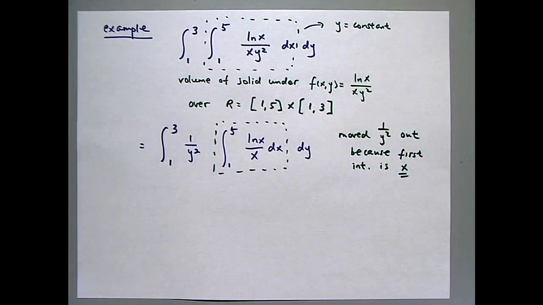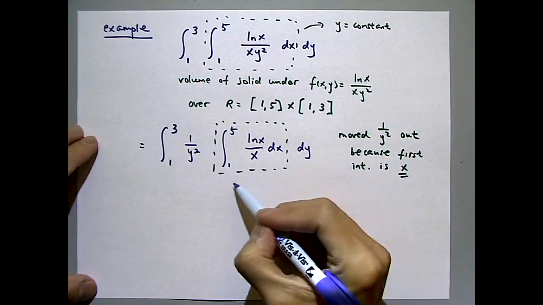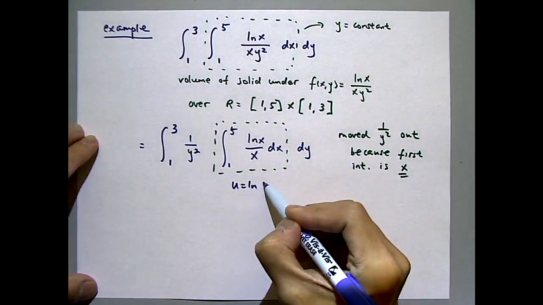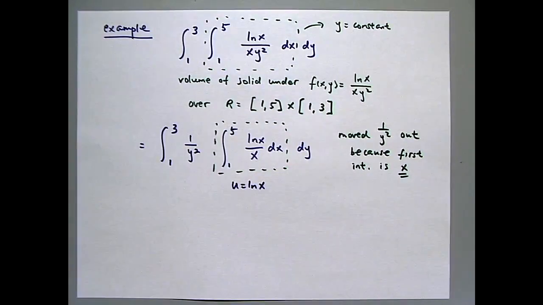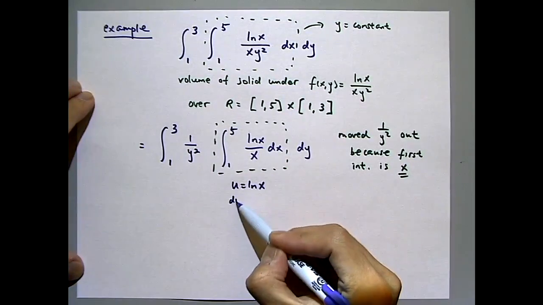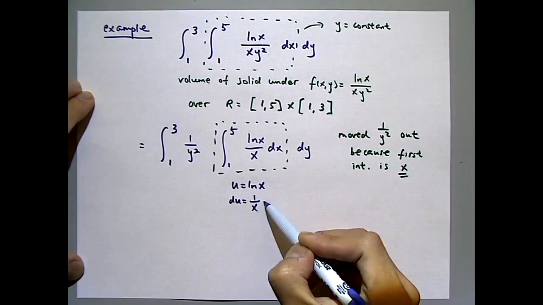I'm looking for that process. Substitution, right, with u equal to ln of x. And you did that in your head because all of you are geniuses, right? We've done this before. I'm just trying to bring back your memory in case you're a little bit rusty. So that means du is 1 over x dx.